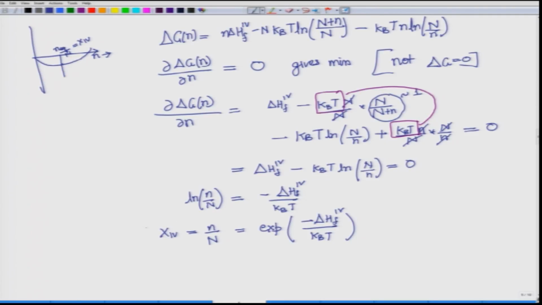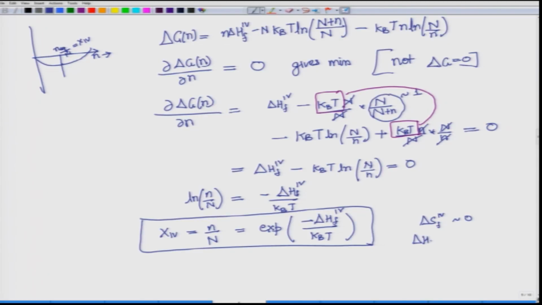Now, remember this is using some approximation. What was the approximation? Like I said even in the previous class towards the end, we had used delta S formation 1V approximately equal to 0. If not, then what we will have to do is replace delta H_F 1V with delta H_F 1V minus T delta S_F 1V.